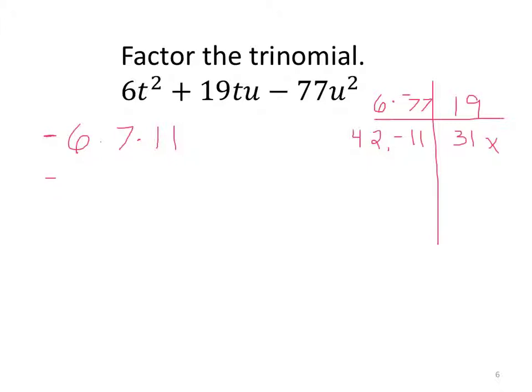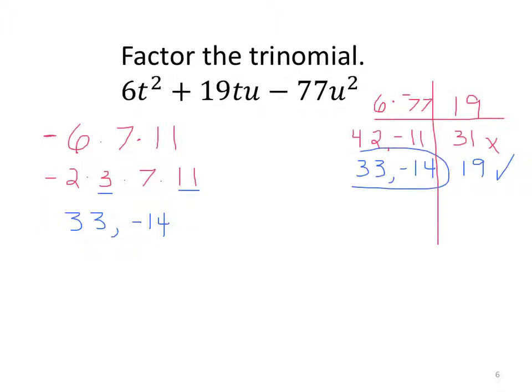Let me break up that 6, and I'm going to get 2 times 3 times 7 times 11. What if I take 3 and 11 and make 33, and what's left is 2 and 7 to make negative 14. If I try 33 and negative 14, I do get 19. So I was able to use some factoring tricks to find the 33 and the negative 14.